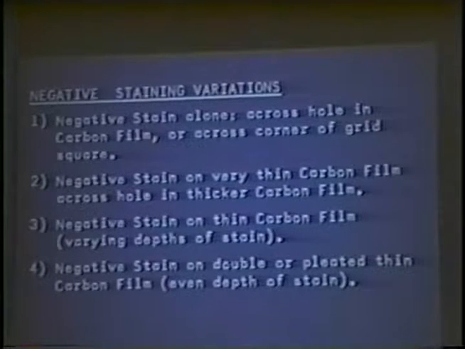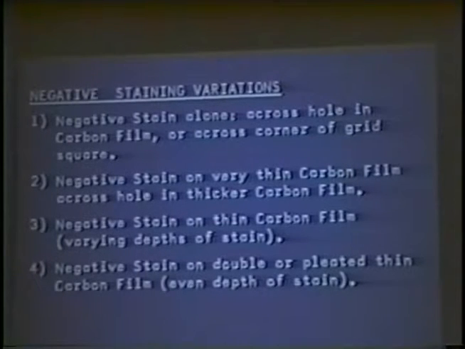For instance, if there is a film of negative stain alone with the protein molecules embedded in it, or an extremely thin carbon film, there may well be mobility of the substrate in the electron beam, giving molecular distortion.